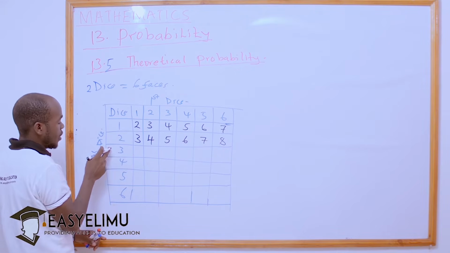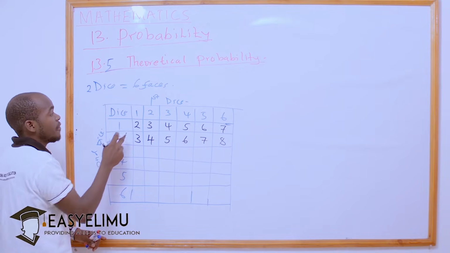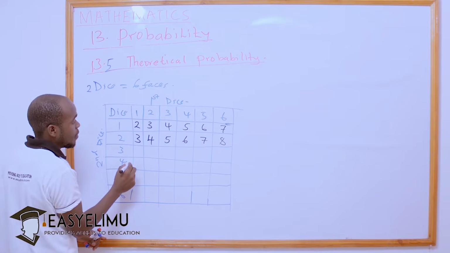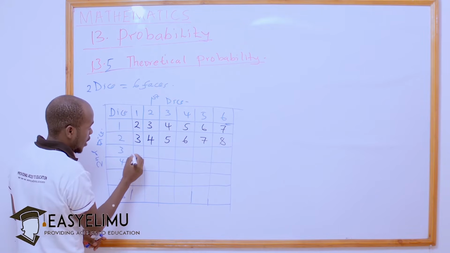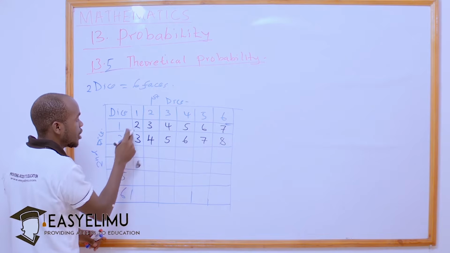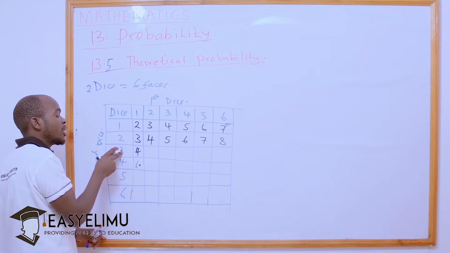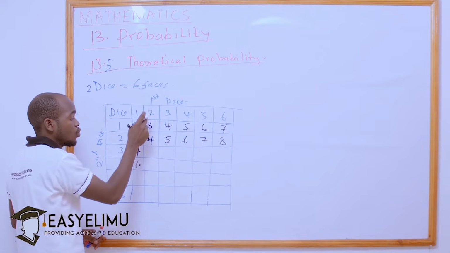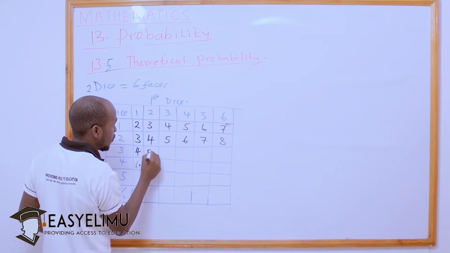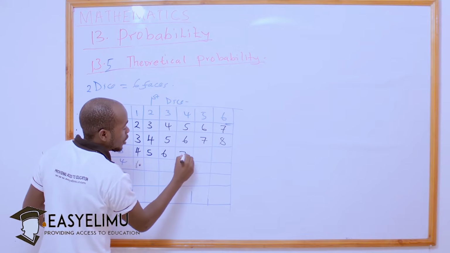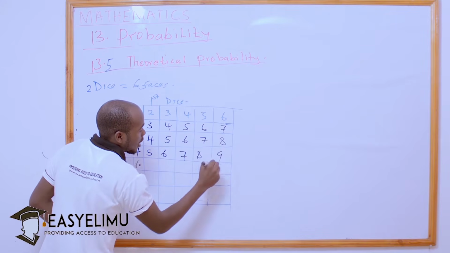If the second shows 3 and the first shows 1, the sum is 4. And if the second shows 3 and the first shows 2, you will find the sum is equal to 5. As you move on, it will be in that pattern.